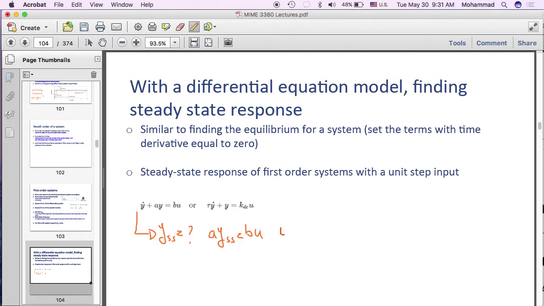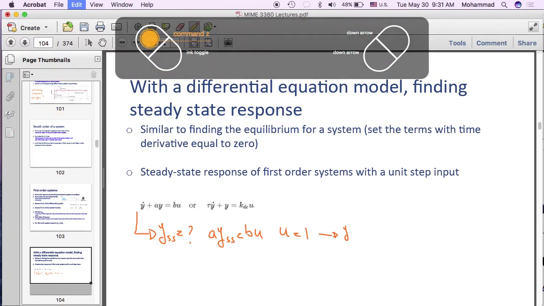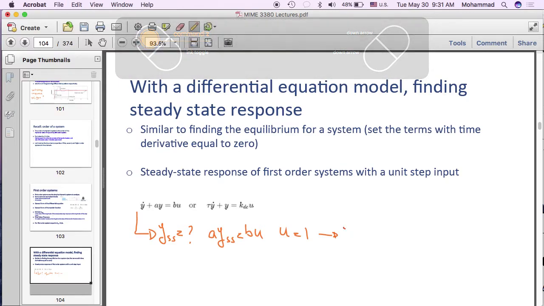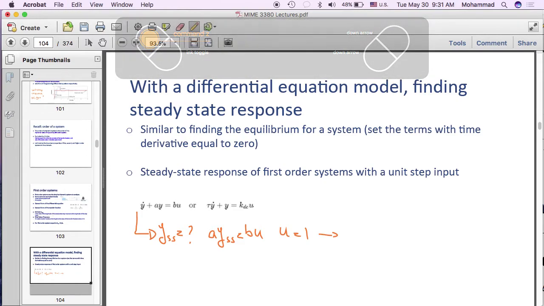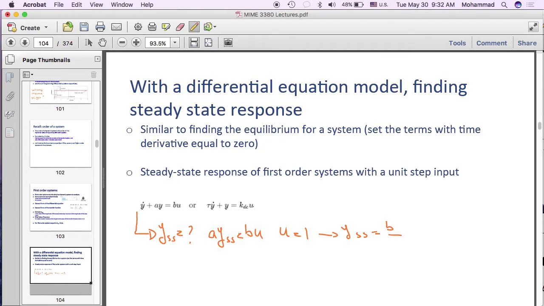So for example, if u is equal to 1, if you give it a constant input of 1, y steady state is simply going to be b over a from that form of the differential equation.